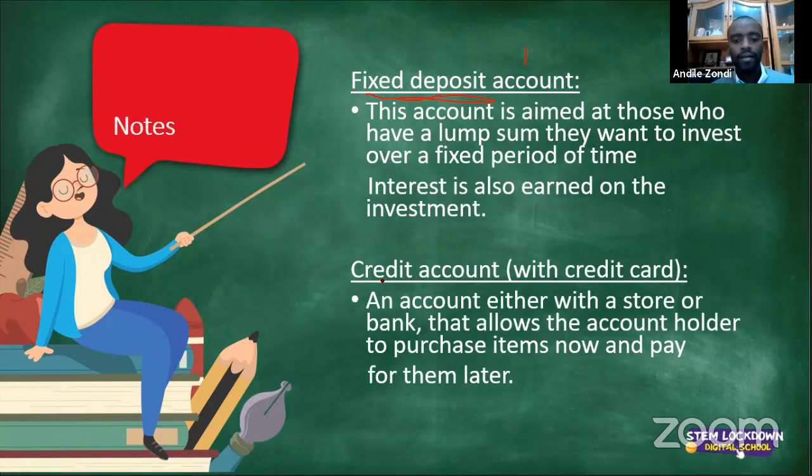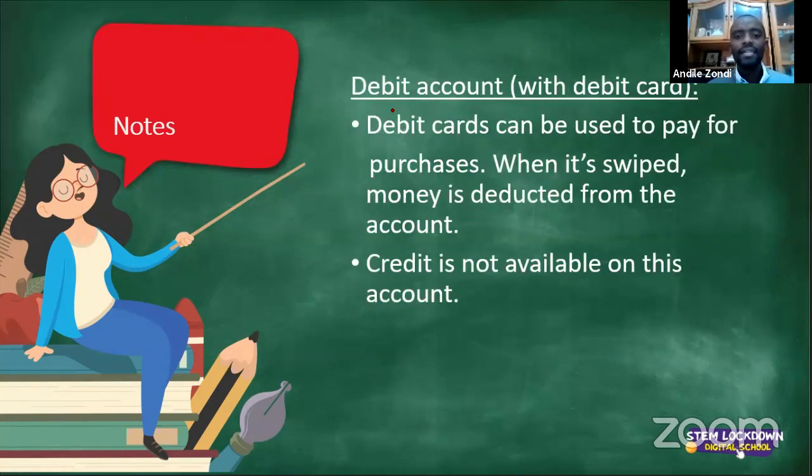Now, credit account with a credit card: an account either with a store or a bank that allows the account holder to purchase items now and pay them later. So with a credit account, you basically use the bank's money to purchase goods and you pay later. And then debit account with a debit card.